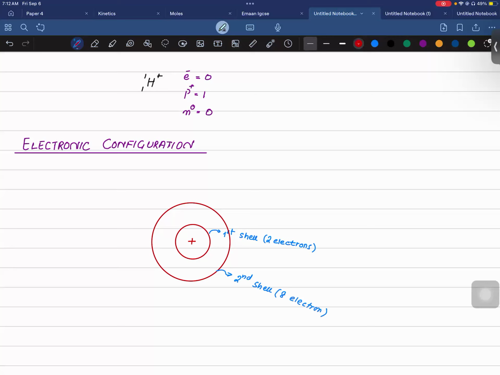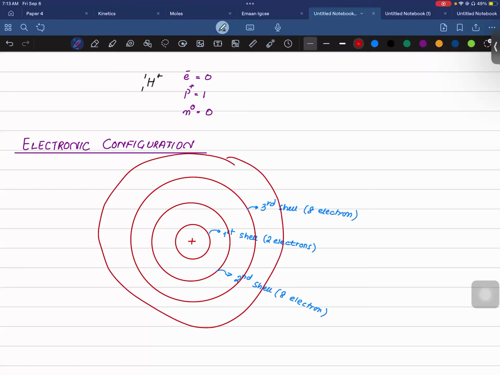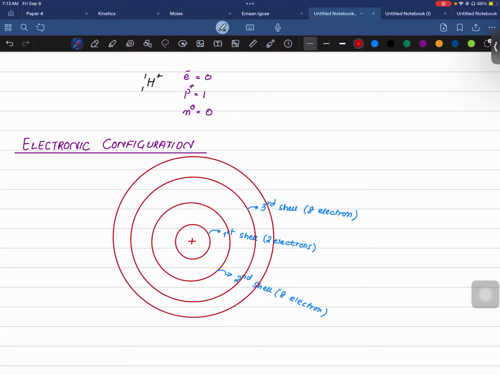Then I have the third shell, in which I can put eight electrons maximum. Then we have the fourth shell, in which I can put eight electrons basically maximum.